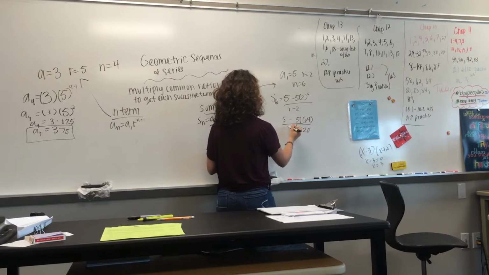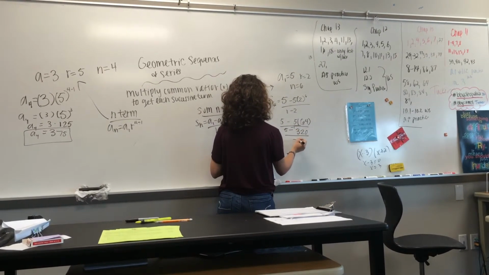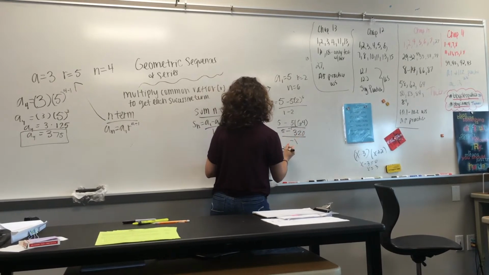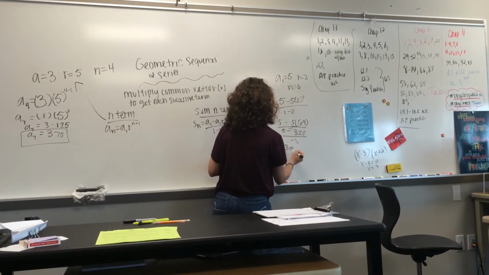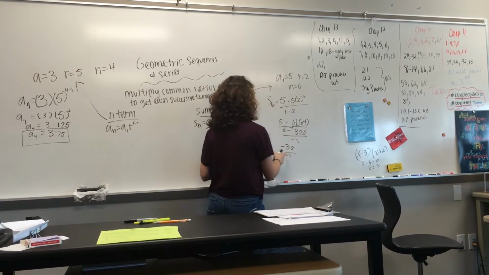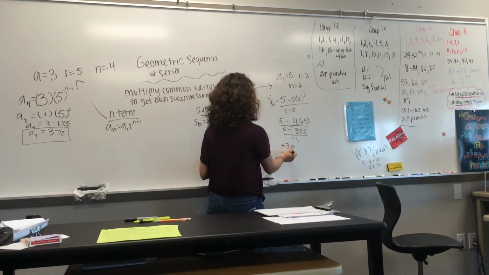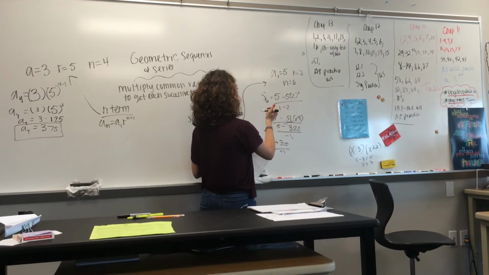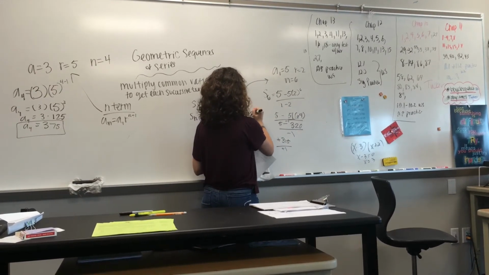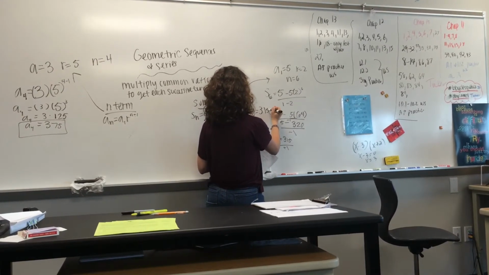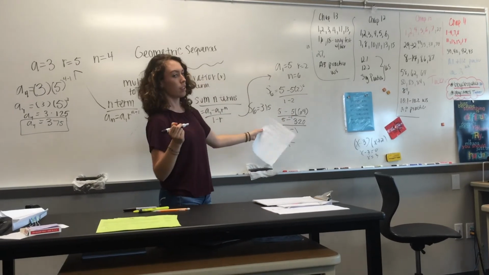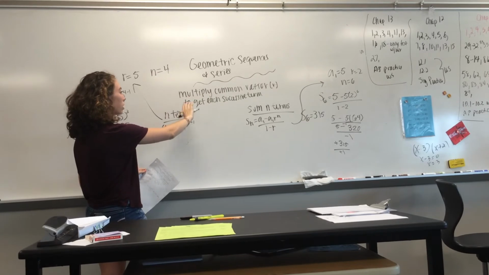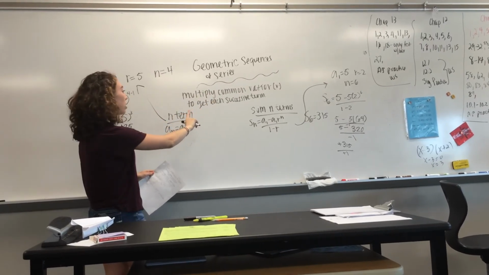So 5 minus 320 is going to be negative 315 over negative 1, and because those are both negatives, they'll cancel out and become positive. So the sum of the first 6 terms in this series is going to be 315.